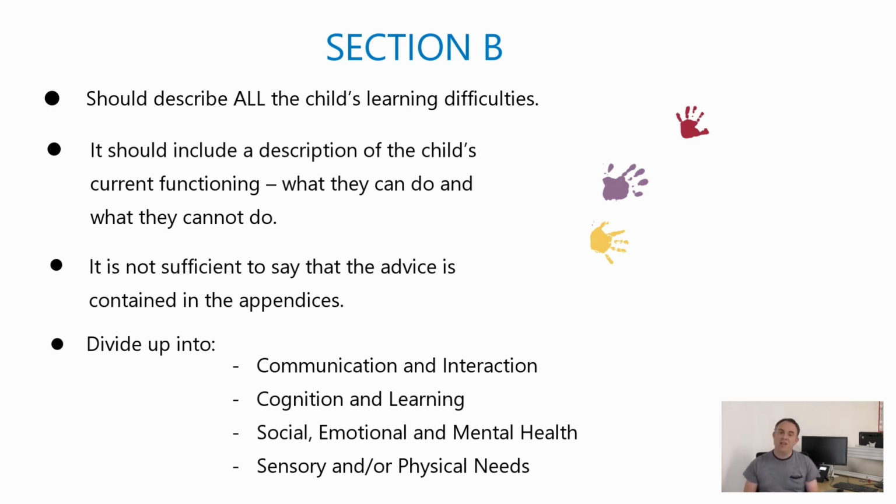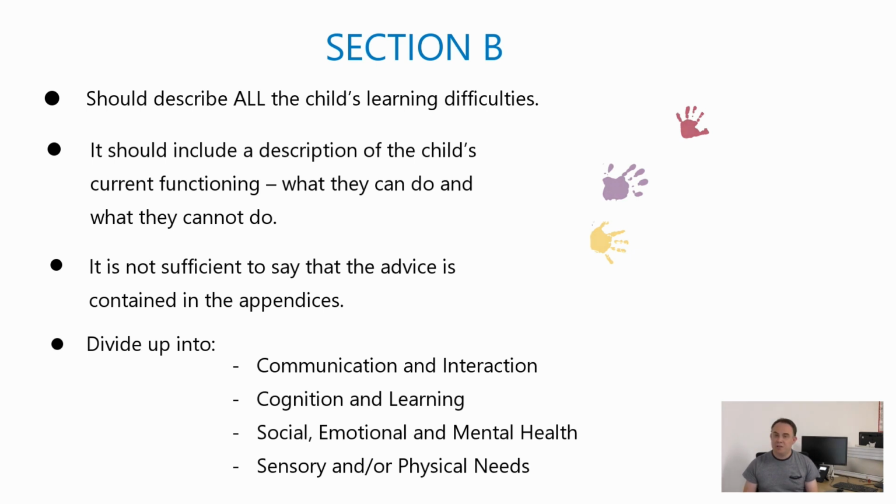Now, the important thing here is it should describe all of the learning difficulties. It should identify what they can do, but also what they can't do. So it needs to be relatively detailed in comparison to the other sections, but essentially should specify clearly the difficulties that the child has accessing education and note particular strengths where those arise.